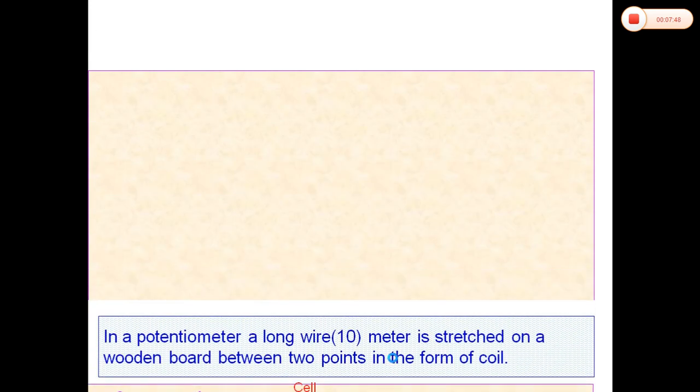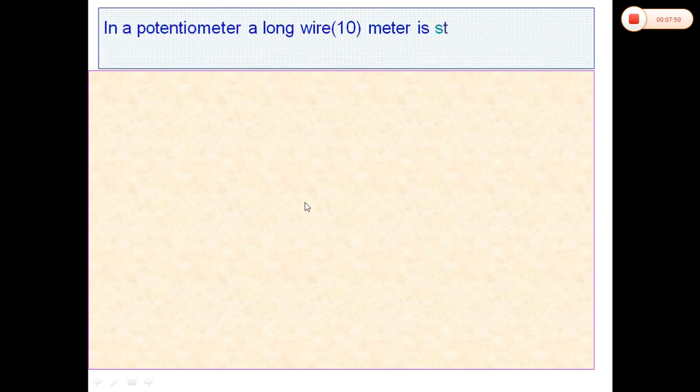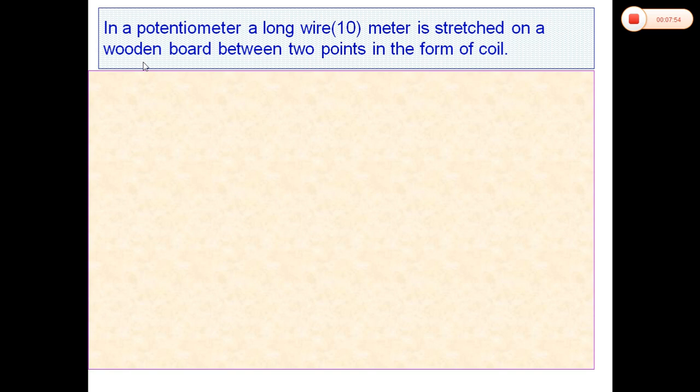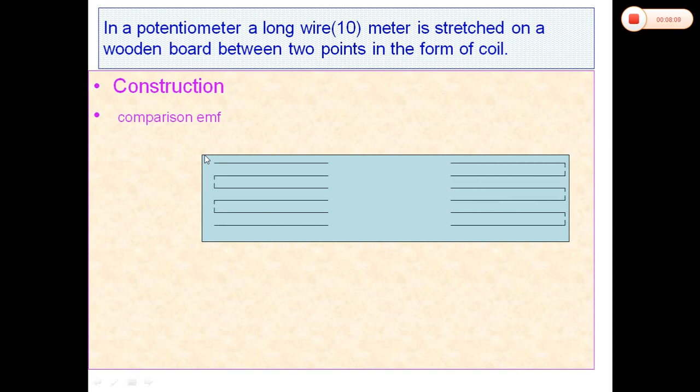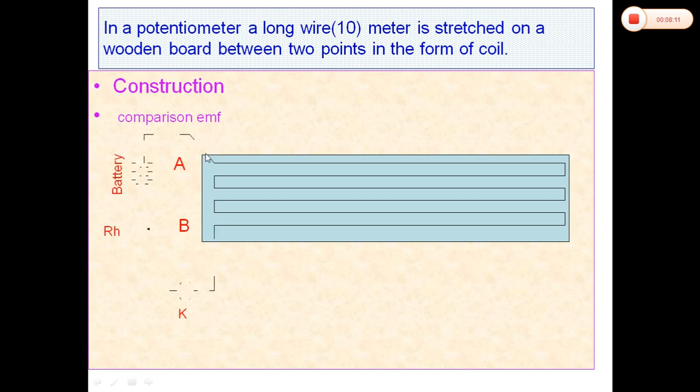Students, this potentiometer is also used to measure or to compare the EMF of two cells. In this case, when we use the potentiometer to compare the EMF of two cells, the structure of the auxiliary circuit of the potentiometer is the same, that is connected with a battery, rheostat, and a key between the ends of the potentiometer wire.